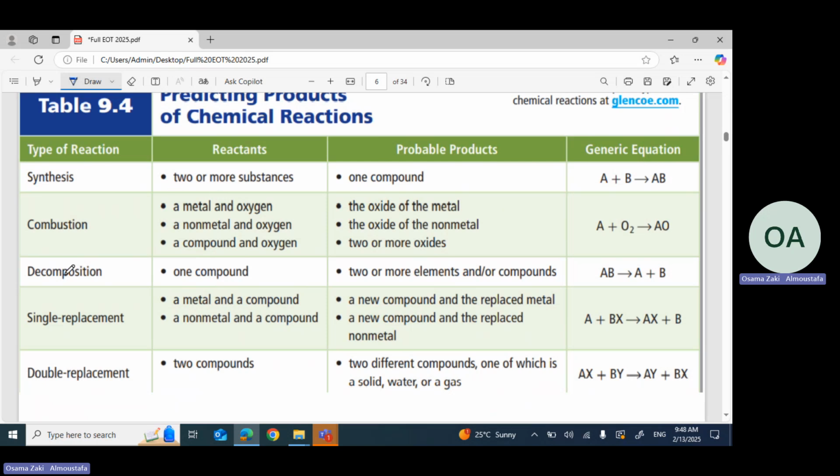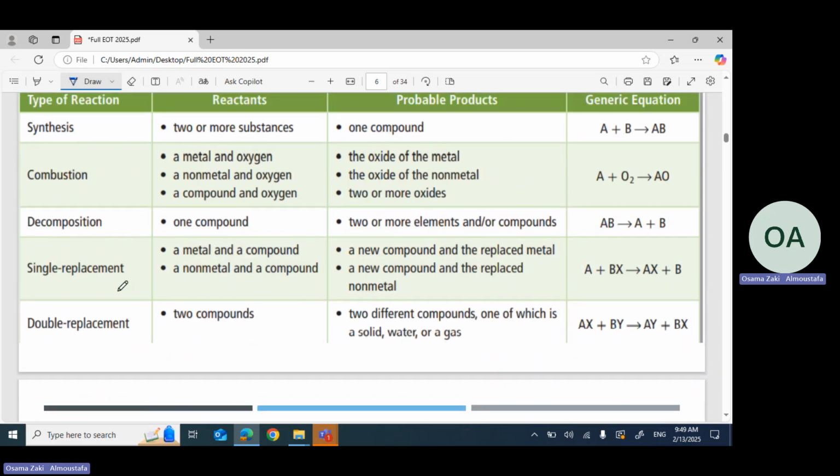The second one is the decomposition. Decomposition is the opposite of synthesis. So that means here we have one compound, which will break down into 2 or more substances. Combustion, how to know that's combustion? Combustion means burning. You will see before the arrow in the reactants, we have oxygen gas, O2. Single replacement, how to know that this is single replacement? We have element, compound, element, compound.